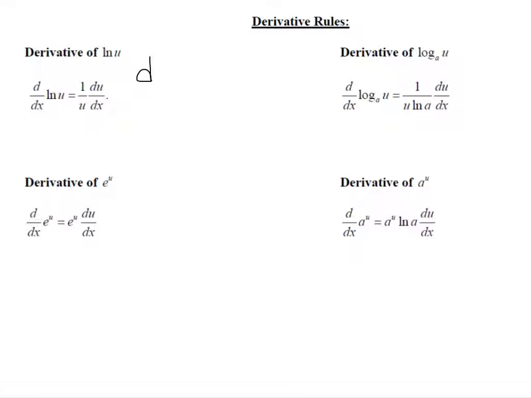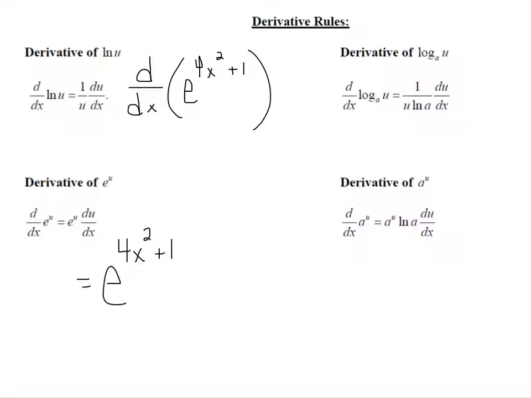If I ask you to find the derivative of e to the 4x squared plus 1, the derivative is, keep it, leave it alone, e to the 4x squared plus 1 times the derivative of u. The derivative of 4x squared plus 1 is 8x. Of course, I would like that made pretty, so I would write it as 8x e to the 4x squared plus 1.